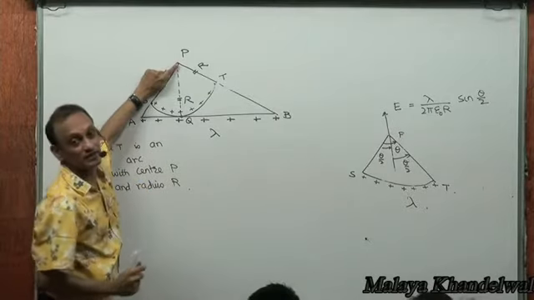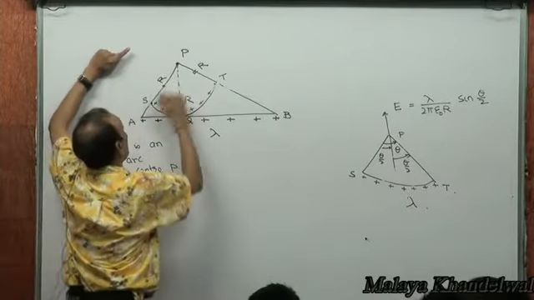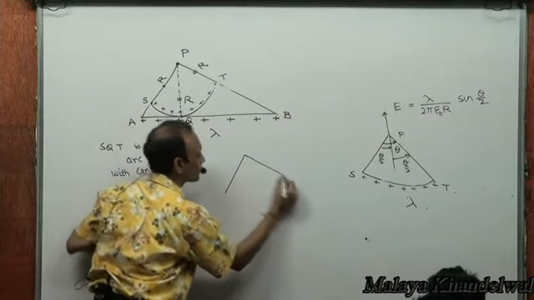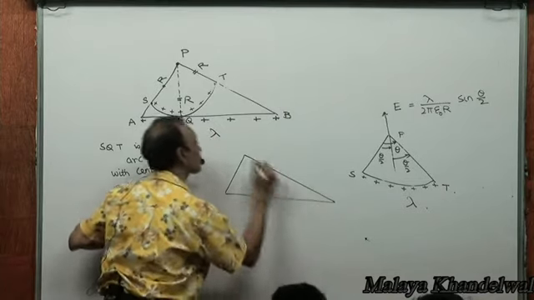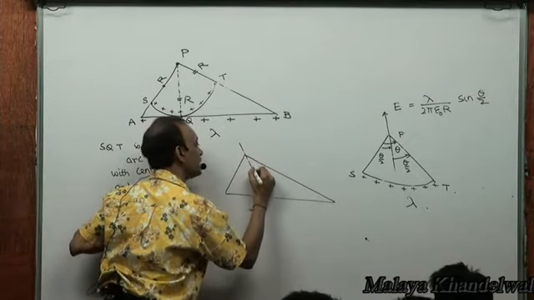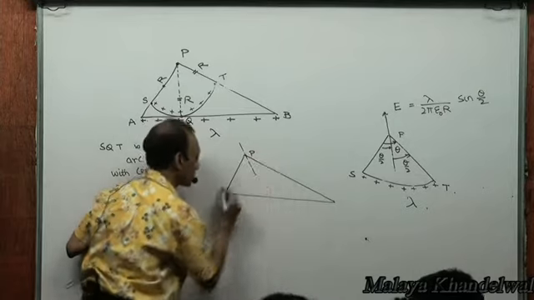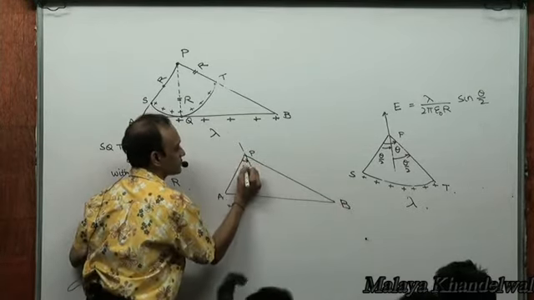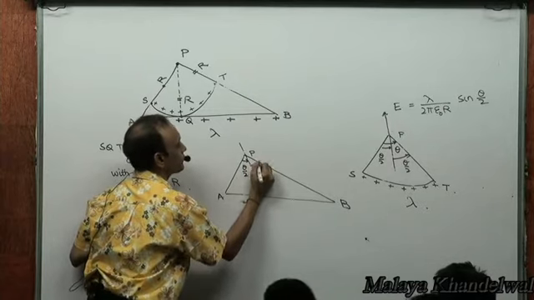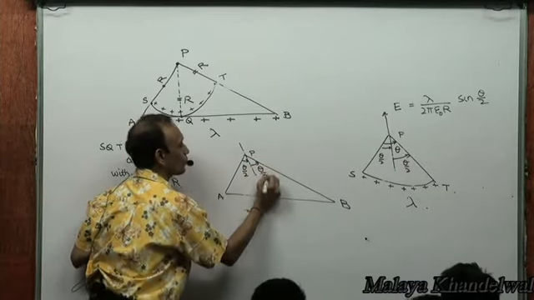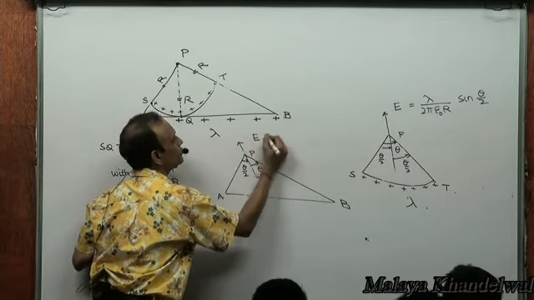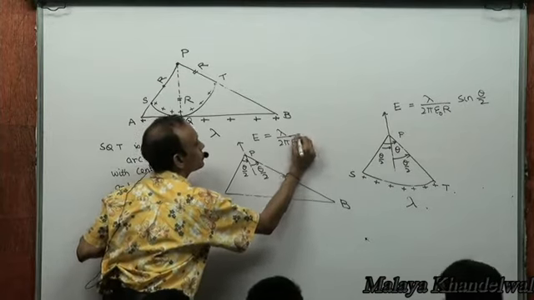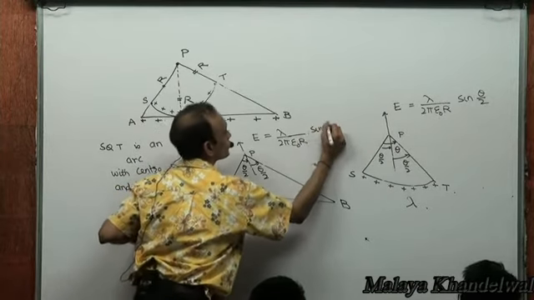The field at P will be along the angle bisector of APB, and will be equal to lambda by 2 pi epsilon naught r into sine theta by 2.